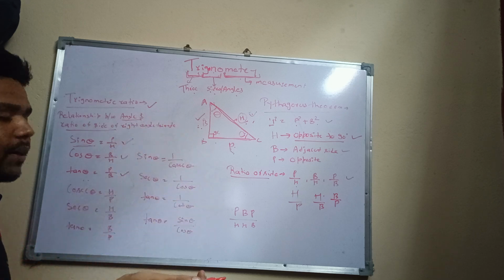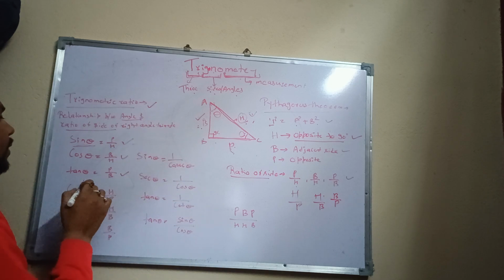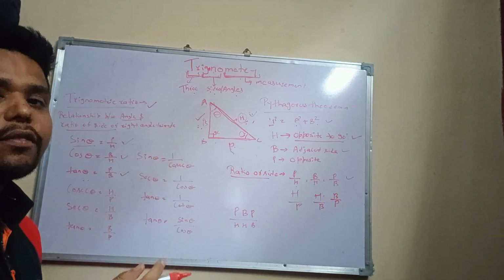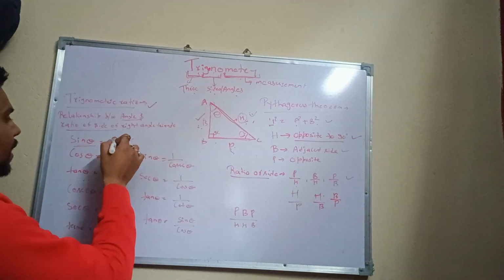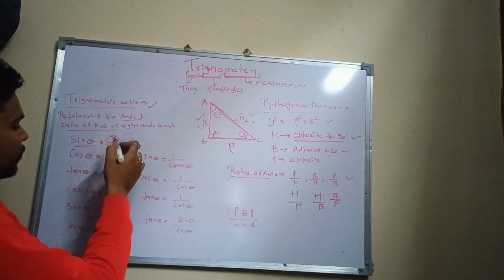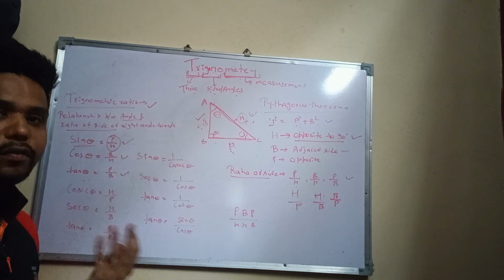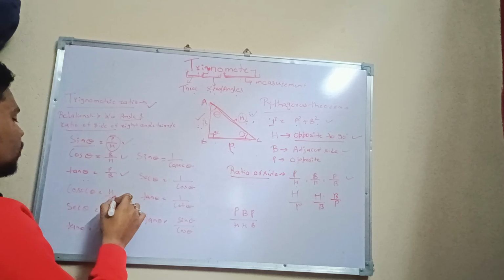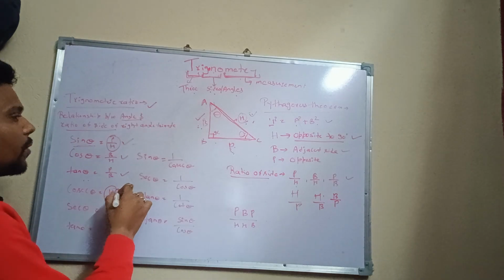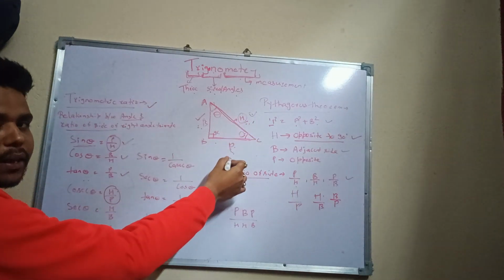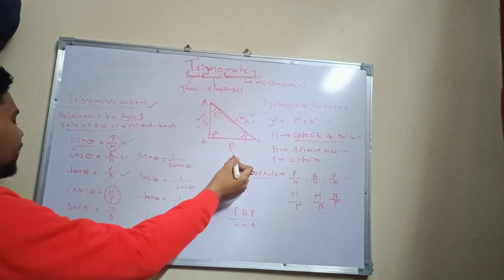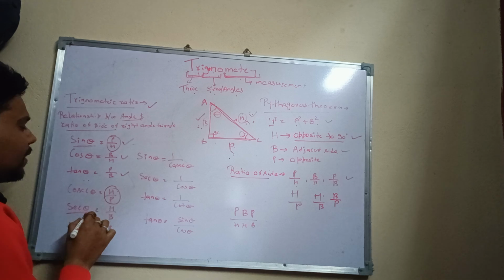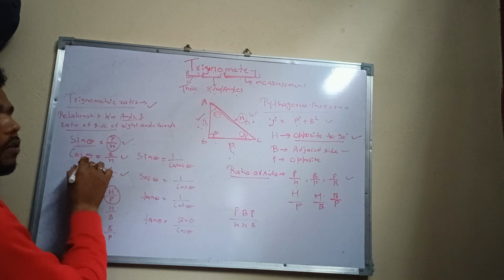What is cosec theta? Cosec theta is the inverse of sin theta. Since sin theta is perpendicular upon hypotenuse, cosec theta will become hypotenuse upon perpendicular. Similarly, sec theta is the inverse of cos theta.